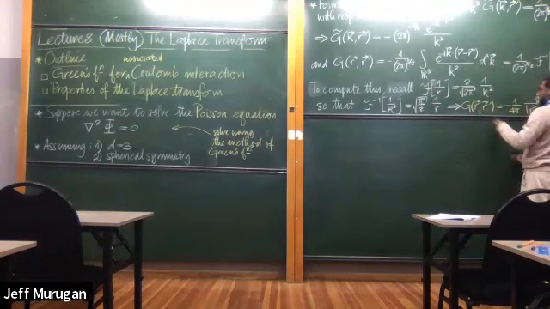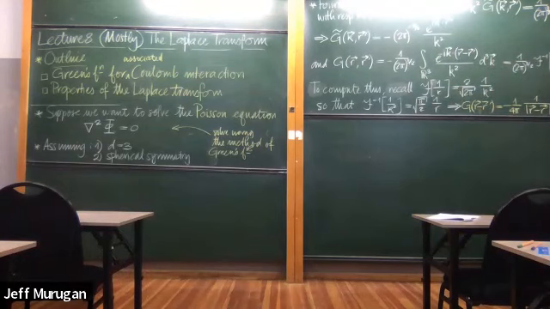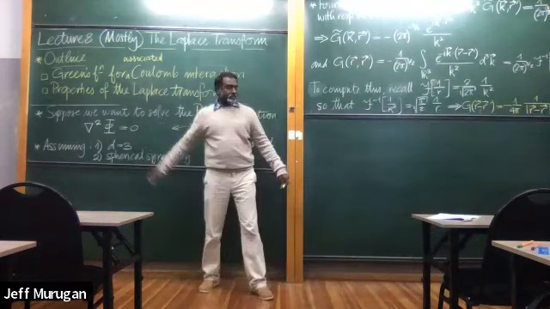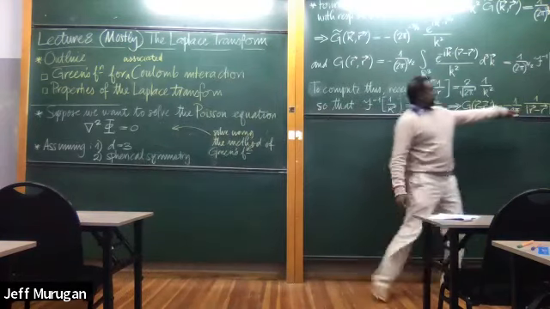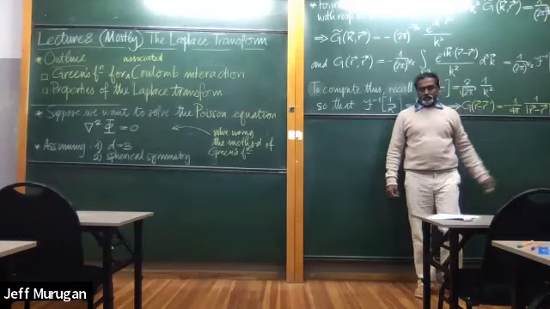And one thing you'll notice from this is that you can automatically see that g depends only on the difference between r and r'. This is how that difference enters the story. So the Green's function associated to the Poisson equation is simply 1 over |r minus r'|.